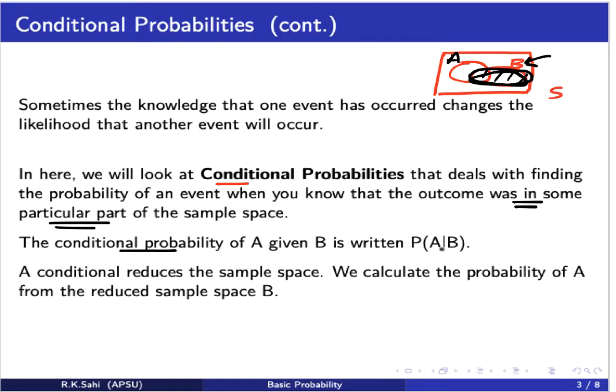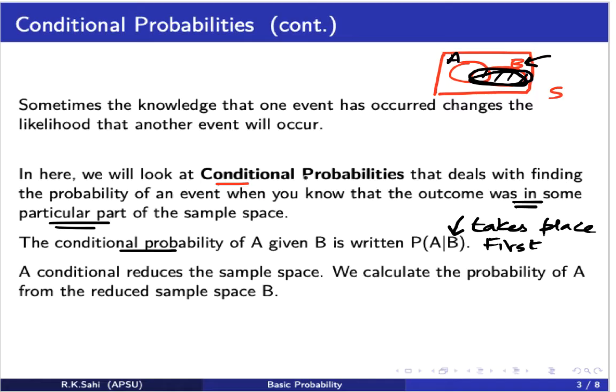It's probability of A given B. Remember, B is the event we are assuming has happened before. So B takes place first. And when we look at the probability of A given B, that means given that B has happened, what is the probability that A will happen?